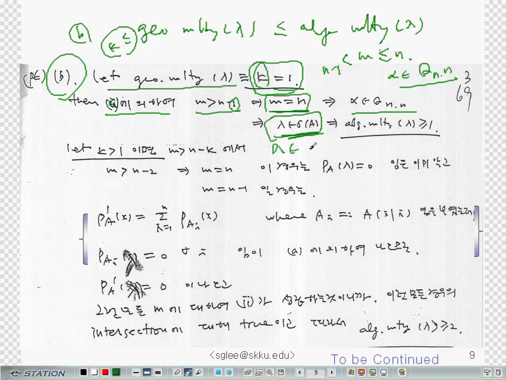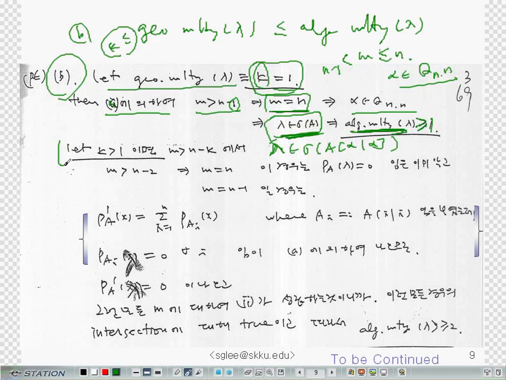So alpha is just everything. So lambda is an eigenvalue of it. What that means is the algebraic multiplicity is greater than or equal to 1. Okay. We have an eigenvalue. Algebraic multiplicity means it's just the number of roots in the characteristic polynomial of the given matrix A.